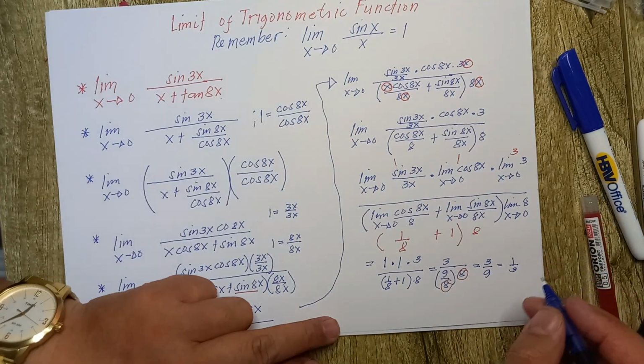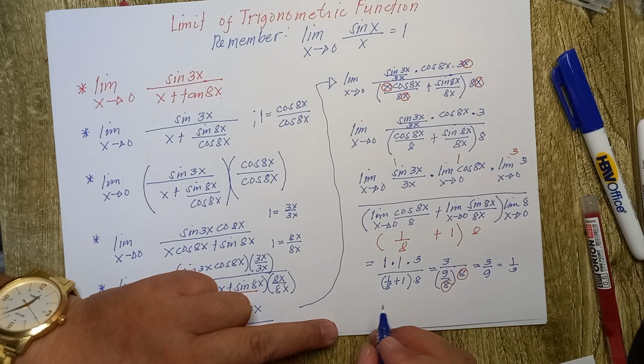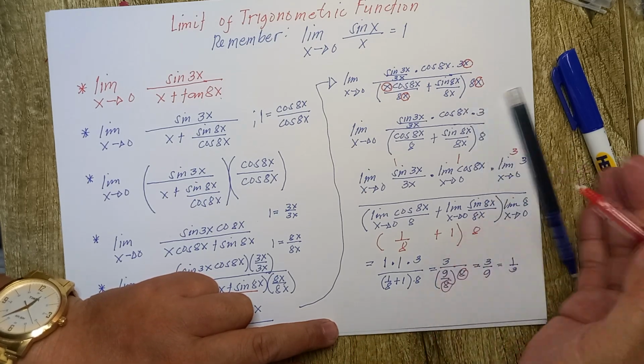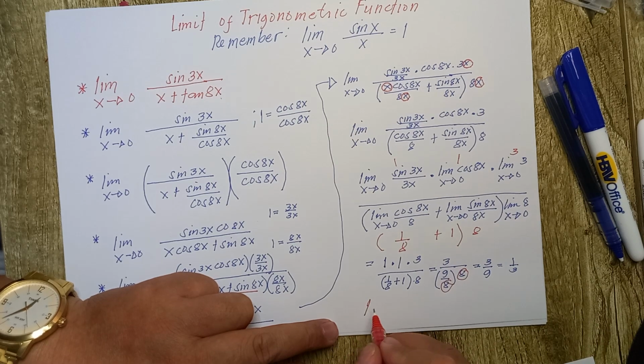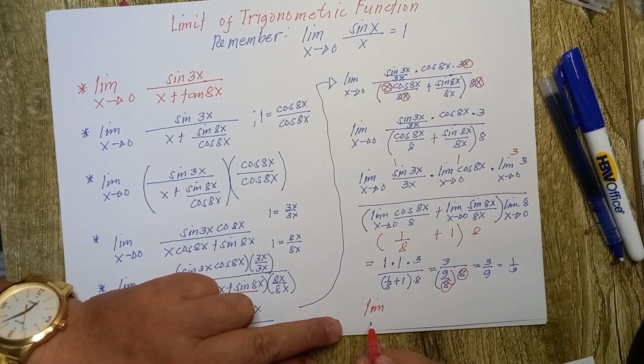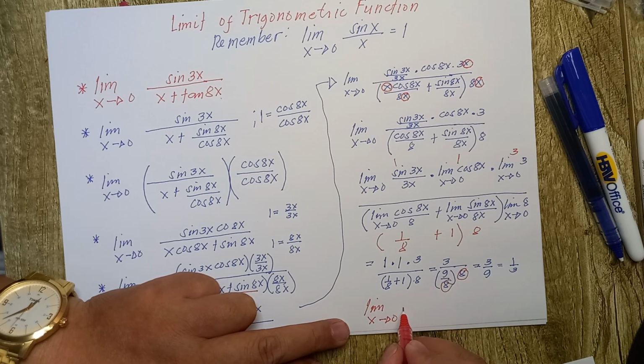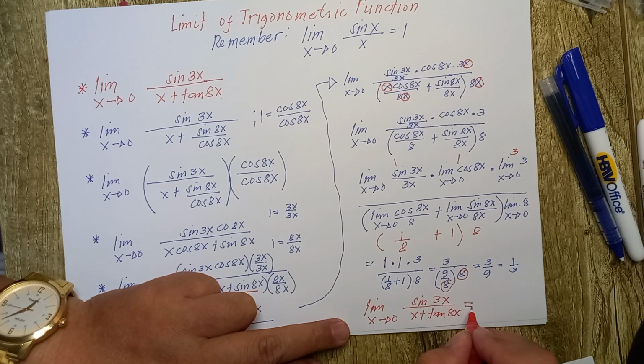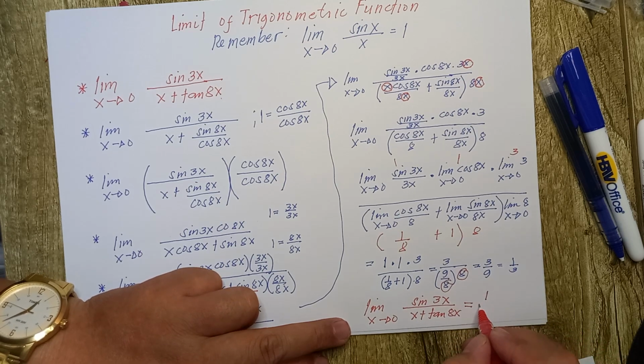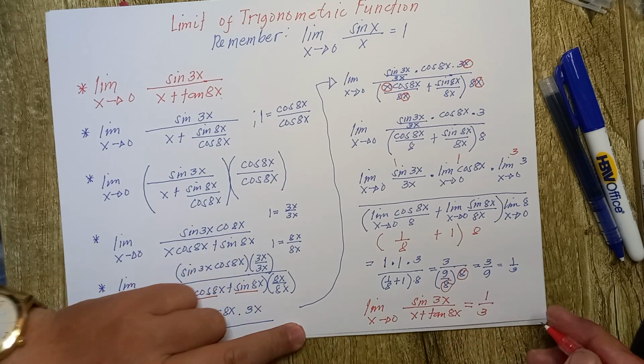So with that, we can say now that the limit as your x is approaching 0 of sine 3x over x plus tangent 8x will have a limit of 1/3.